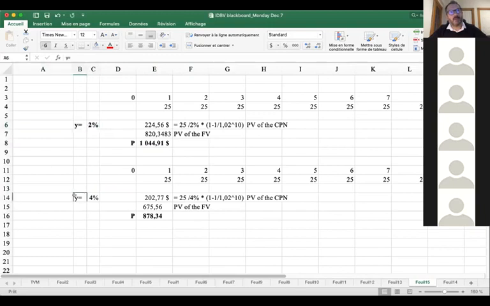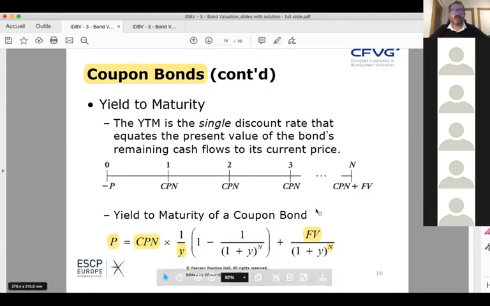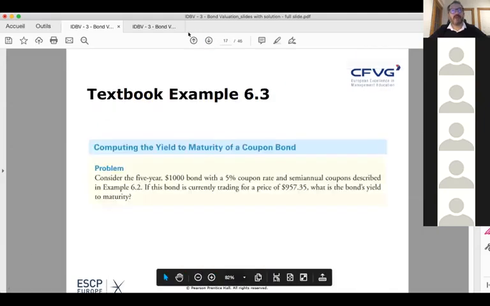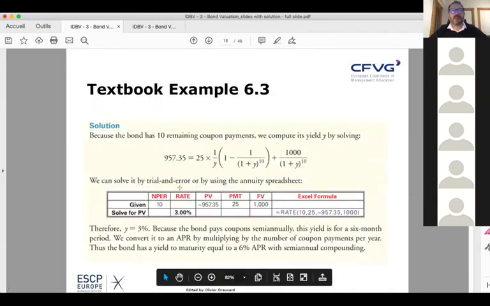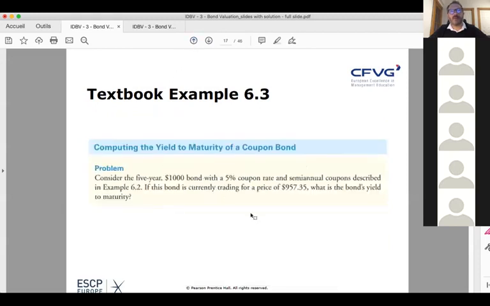What we want to find ultimately is the rate, the yield to maturity, for which we have 957.35. What is the y that we should use to find a price of 957? We cannot find it directly.